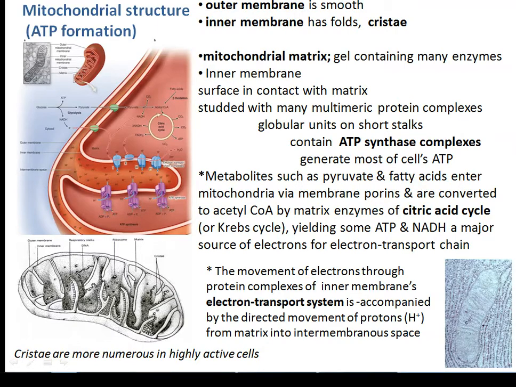Then pyruvate and fatty acids enter mitochondria via membrane porins. I mentioned that in the outer membrane we have porins, large pores, through which these substances may enter the intermembranous space. And from there into the matrix, they are carried by specialized carrier proteins.